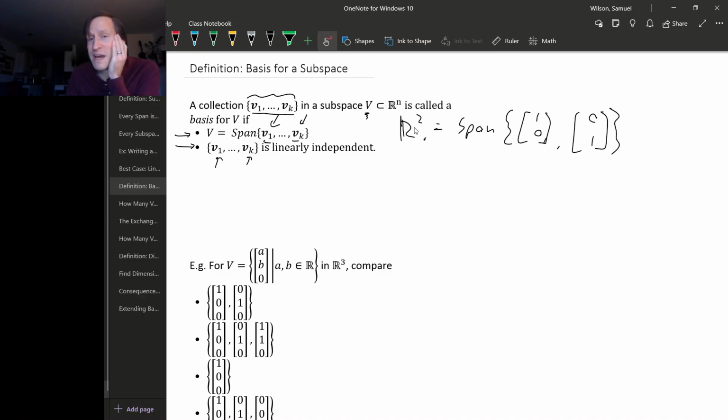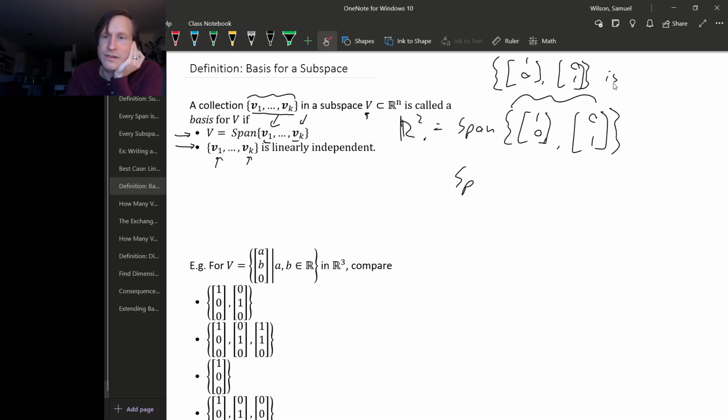Also, they clearly span R2 because everything in R2 is a linear combination of these two. So that means that this collection of vectors, (1, 0) and (0, 1), is a basis for R2.